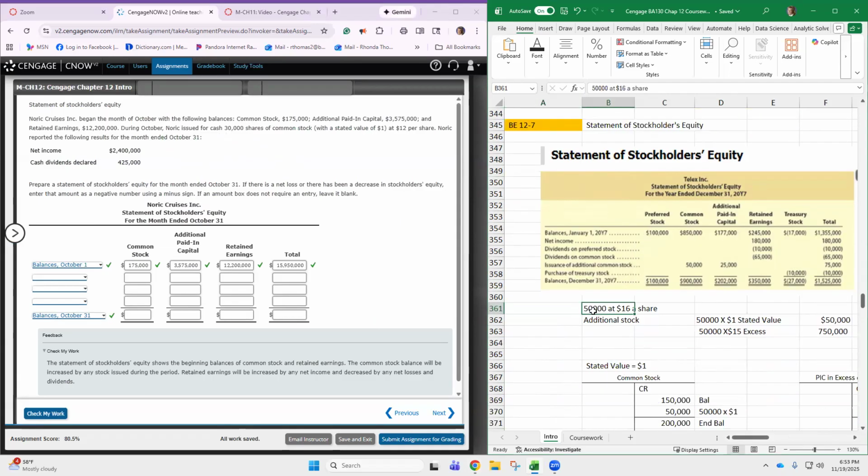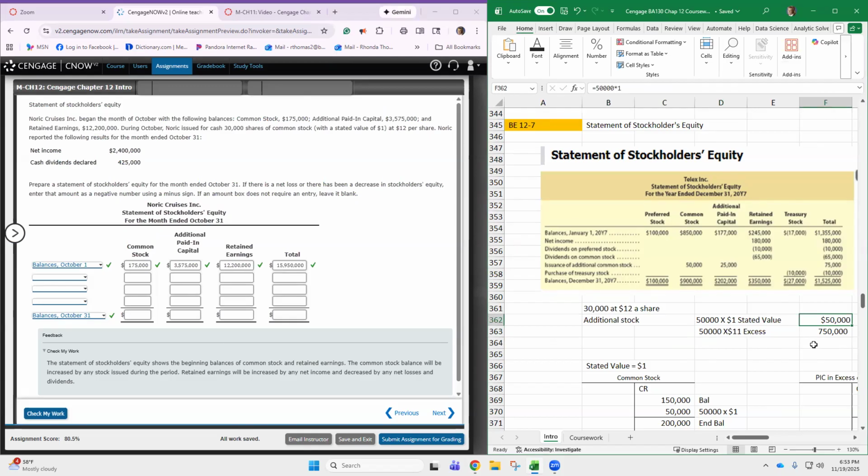So we sold 30,000 extra shares at a cost of $12 each. The stated value is $1, so the excess is $11, because 11 plus 1 is 12.